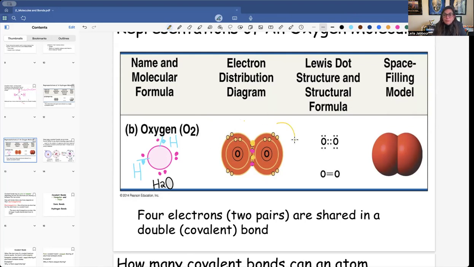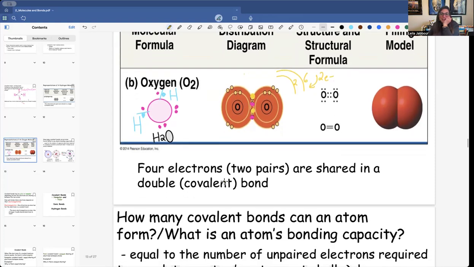Remember, it was 6. So these 6 electrons, we need 2 more. These 2 more electrons are going to be provided by the other oxygen, which has 2 electrons that are available for bonding. Okay, I think that's enough.